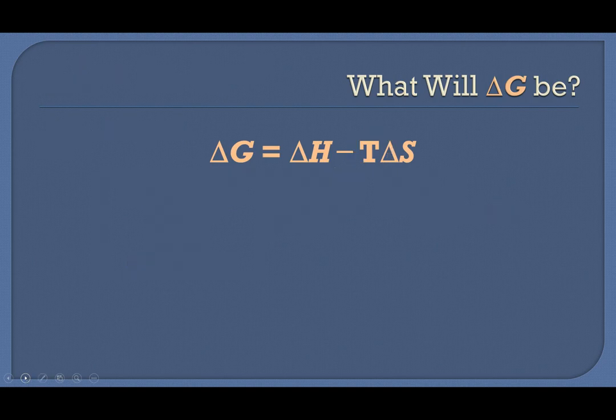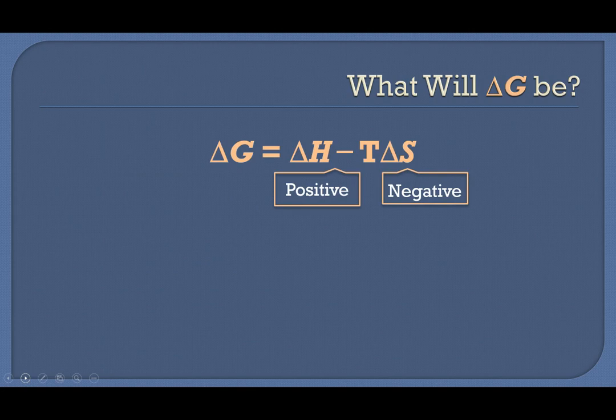Okay. Let's look at the next scenario. We've got a positive delta H. So that's endothermic, right? Energy's entering the system. And we've got a negative delta S. So negative means that we're cleaning up.